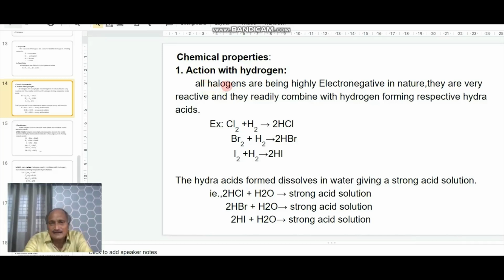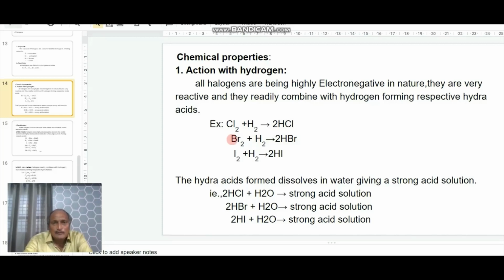All halogens, being highly electronegative in nature, are very reactive and they readily combine with hydrogen, forming respective hydra acids. For example, Cl2 combines with H2 to form 2 moles of hydrogen chloride.